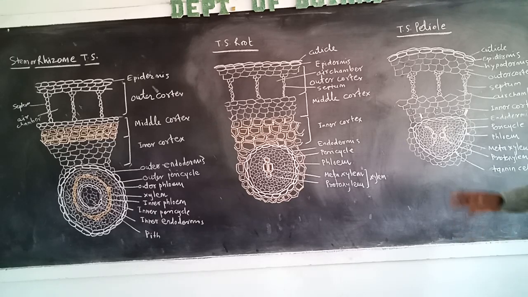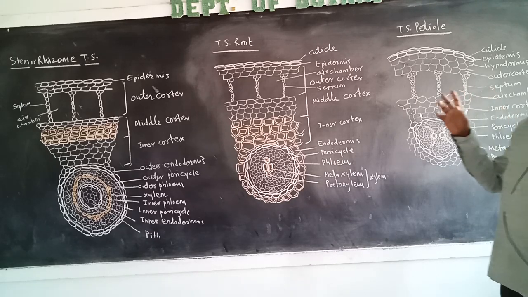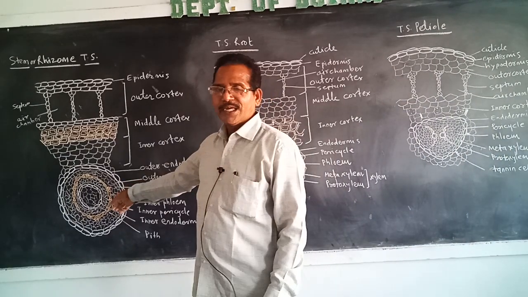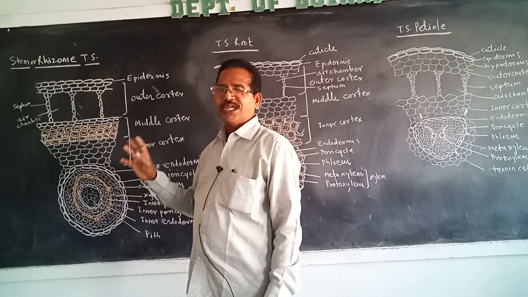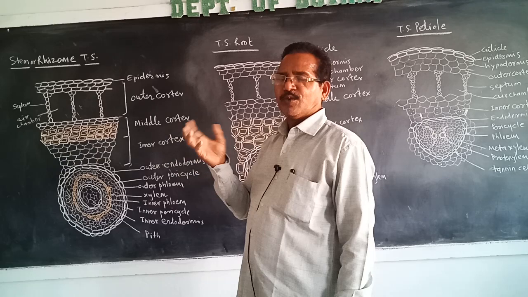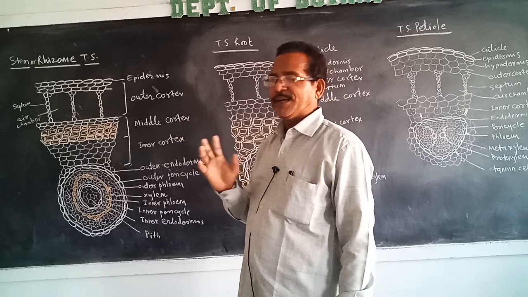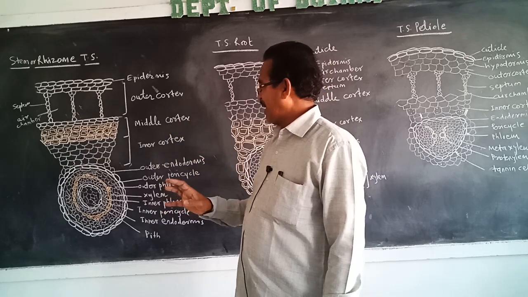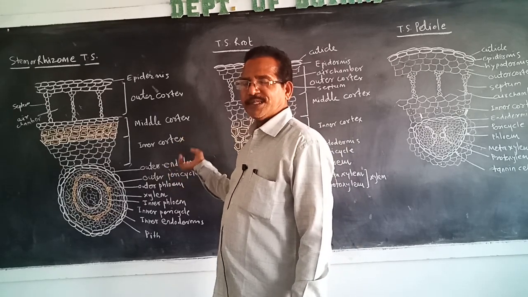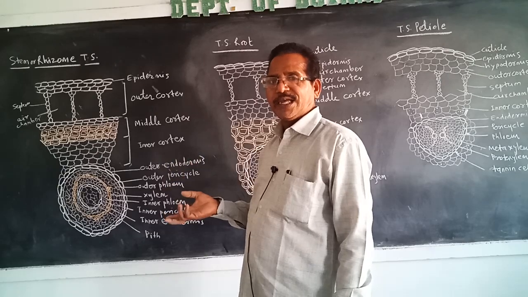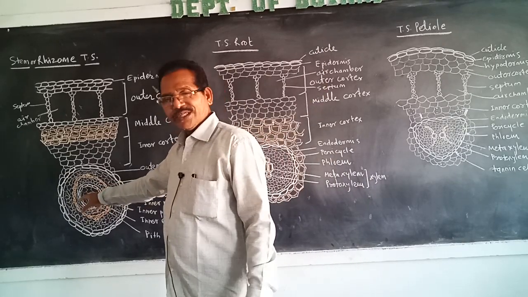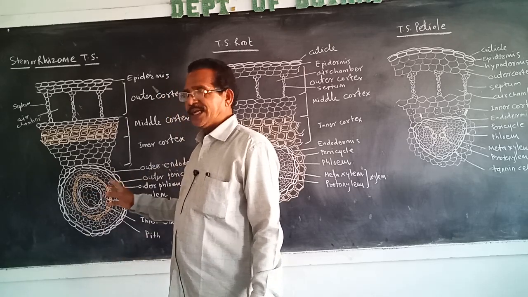What is the difference between the TS of rhizome and root? In the rhizome, the vascular bundle is amphiphloic siphonostelic, meaning the xylem is surrounded on both sides, outer as well as inner, by phloem. There are also two endodermal layers, outer and inner endodermis, outer and inner pericycle, and in the center a region of sclerenchymatous cells.